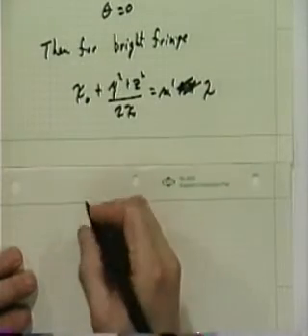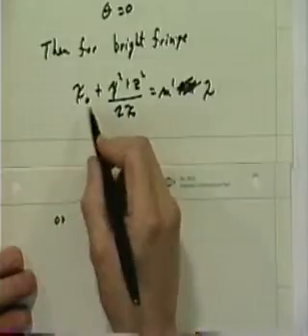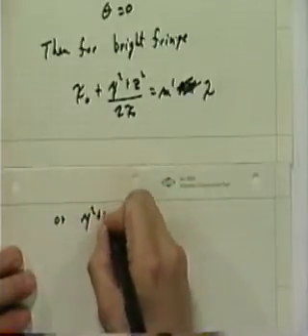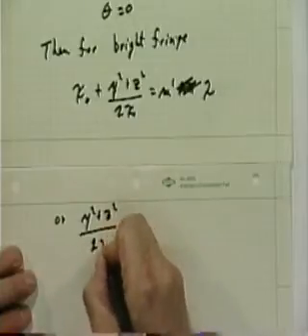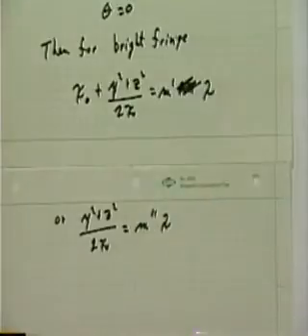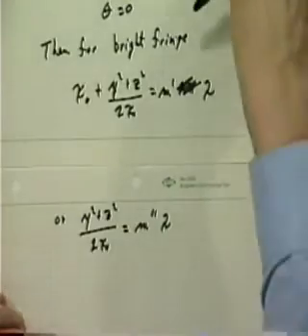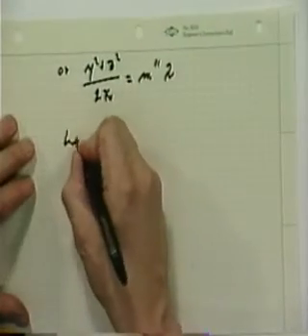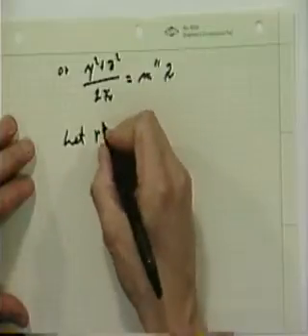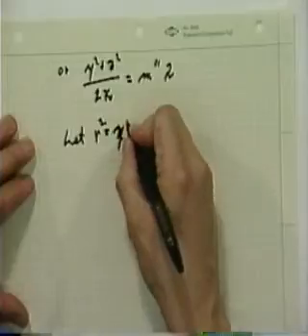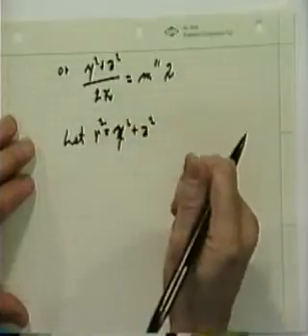And what we could write here, x naught is just a constant, and so now we would have that y squared plus z squared over 2 x naught is equal to m double prime times lambda. And just like we did last class, we could say let r squared equal y squared plus z squared.